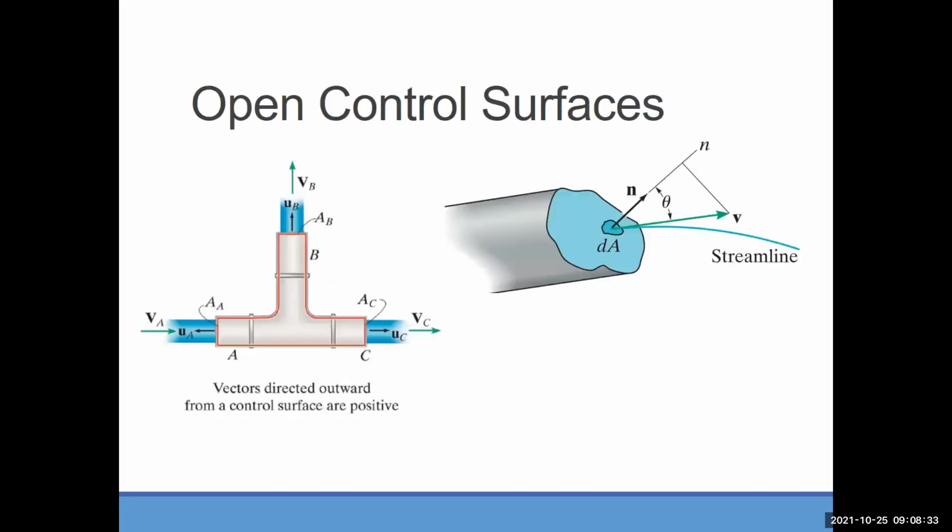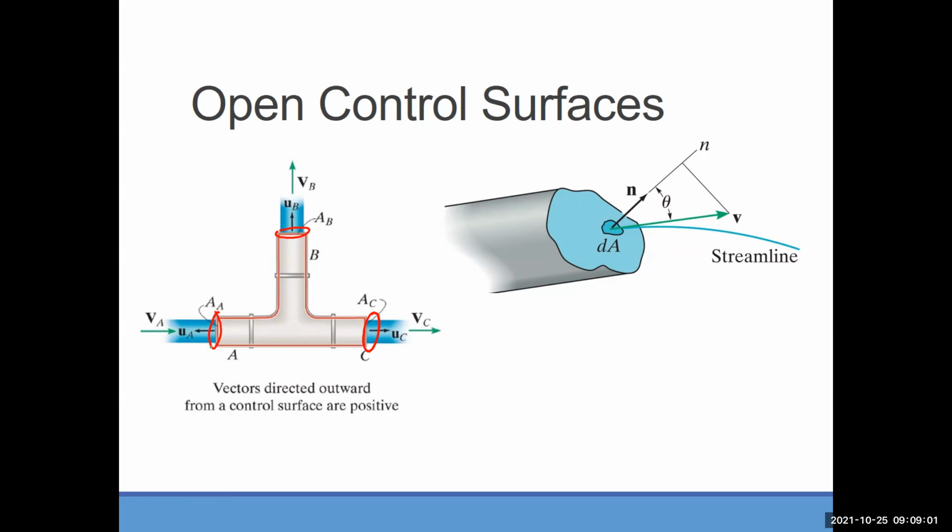Now here, this is a setup where flow is coming in from this one, and flow is going out from outlet B and outlet C. If you consider these as circular pipes or something like that, okay. Now, can you tell me how many surfaces we have here?